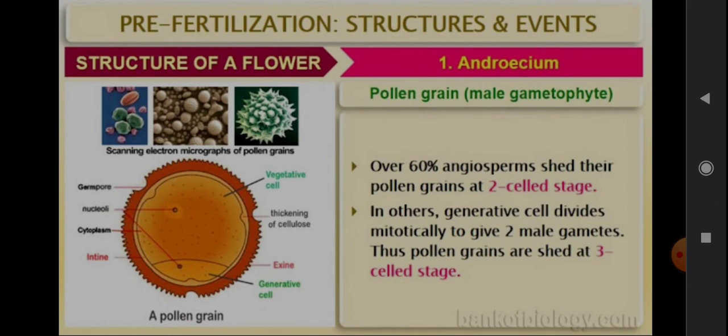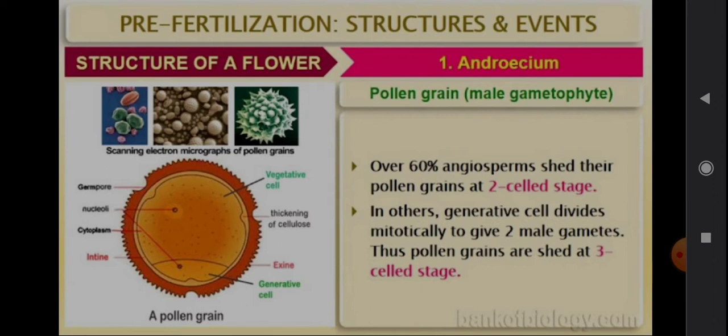Over 60% of angiosperms shed their pollen grains at the two-celled stage. When the pollen grains develop into the two-celled stage, that is vegetative cell and generative cell, during that time the pollen grains will burst out.